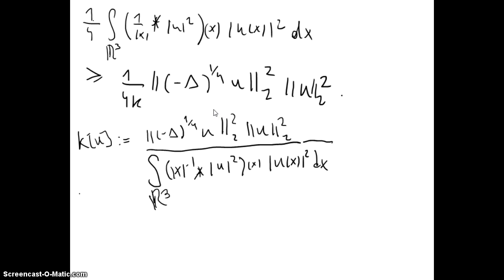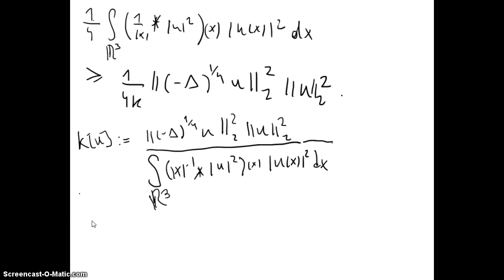So you can see that we have all these terms here. K is well defined for all u in H1 if u is different from 0.